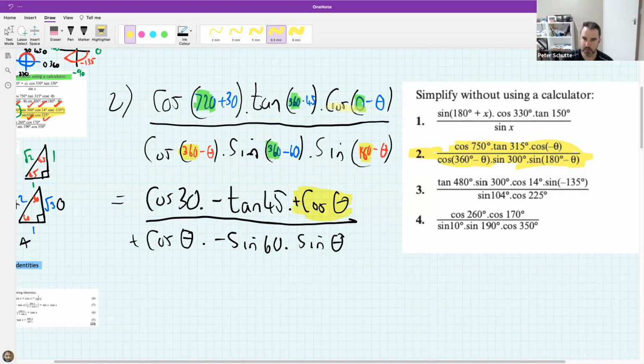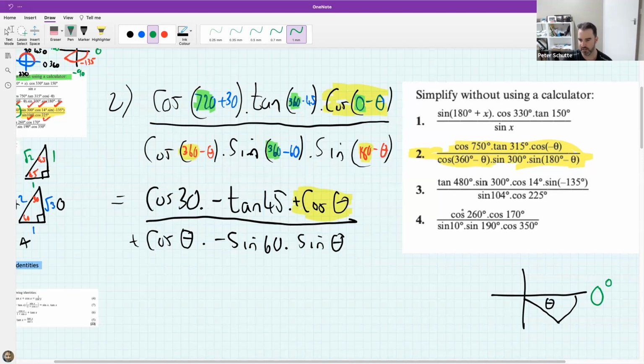But remember that this is in quadrant 4 and cos is always positive in quadrant 4. And so if you imagine a negative angle, right? Here's negative theta. Negative theta goes in that direction. But it's still only theta away from 0 degrees. So that's why I wrote it as 0 minus theta.